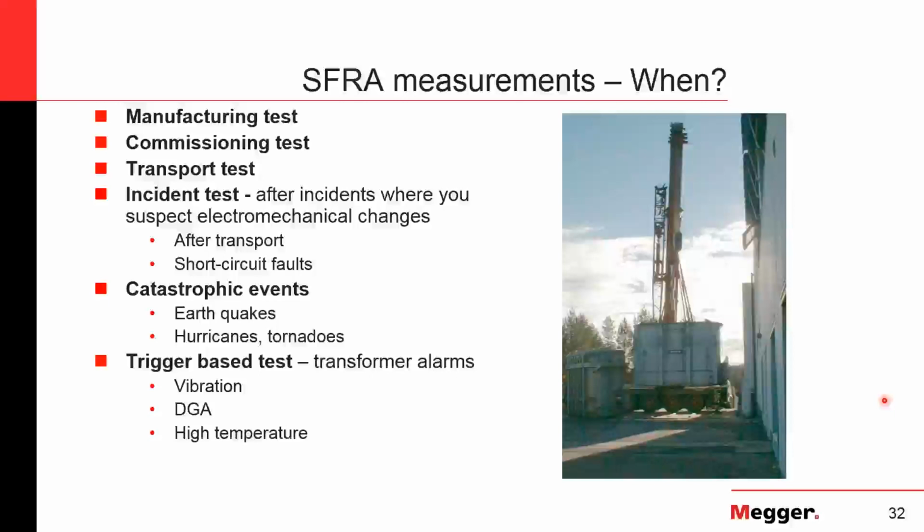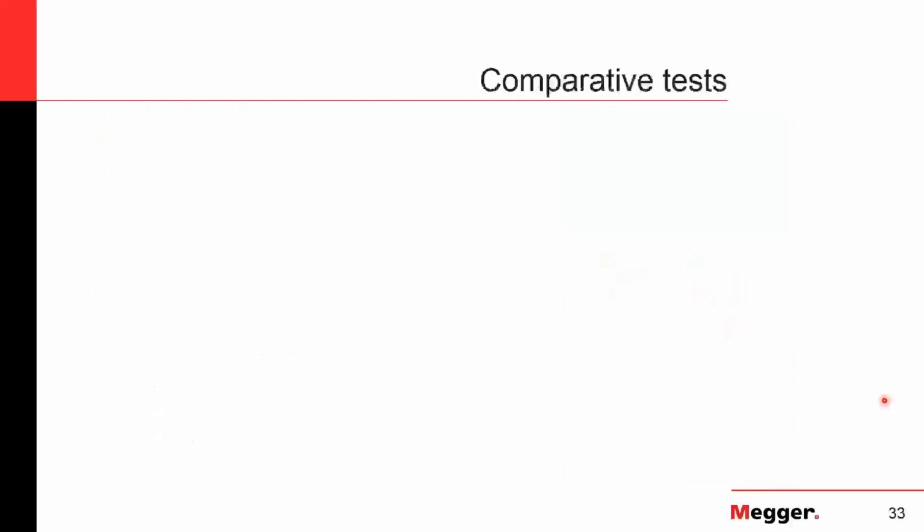So one thing about sweep frequency response analysis is that it's really a comparative test. What you want to do is have your known fingerprint, and then later on run the test again and compare it to your original fingerprint.